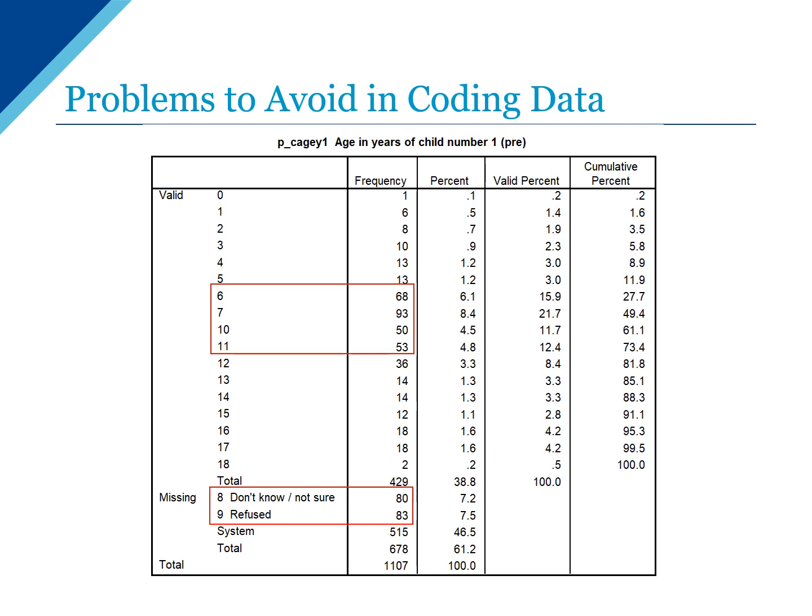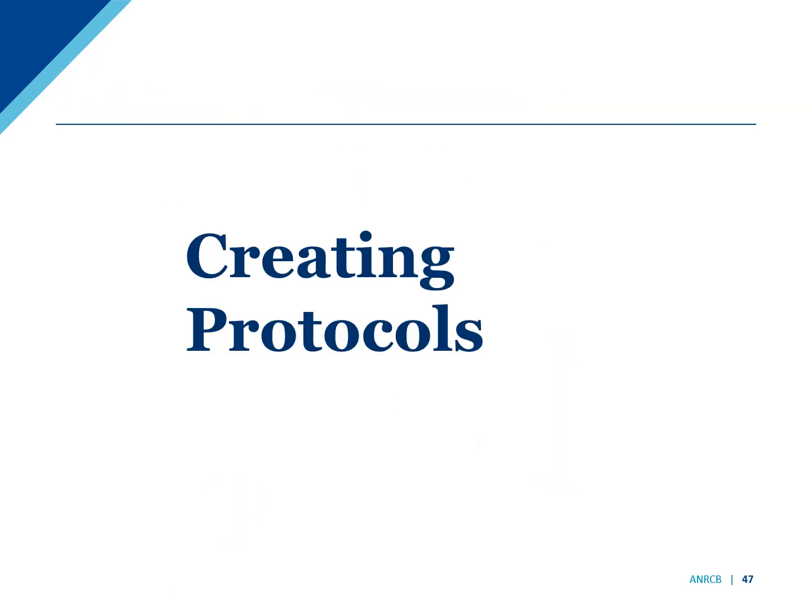However, as you can see in running frequencies of the variables, all of the values for children ages 8 years old and 9 years old are not present, and there are many respondents coded as don't know or refused. What has happened is that all children who are 8 or 9 years old are accidentally put into the missing data categories.